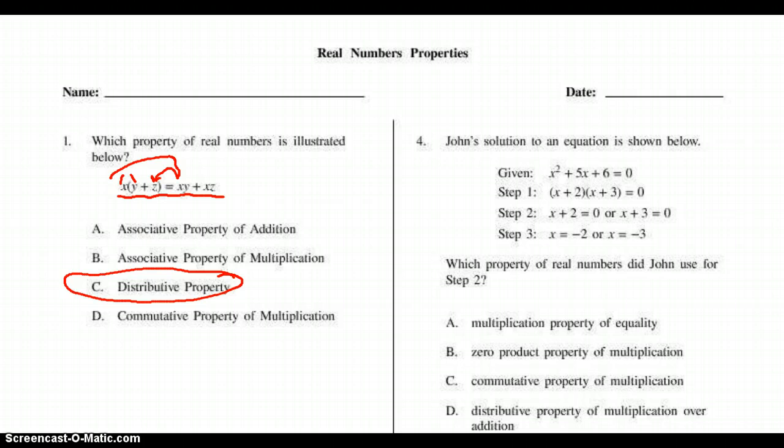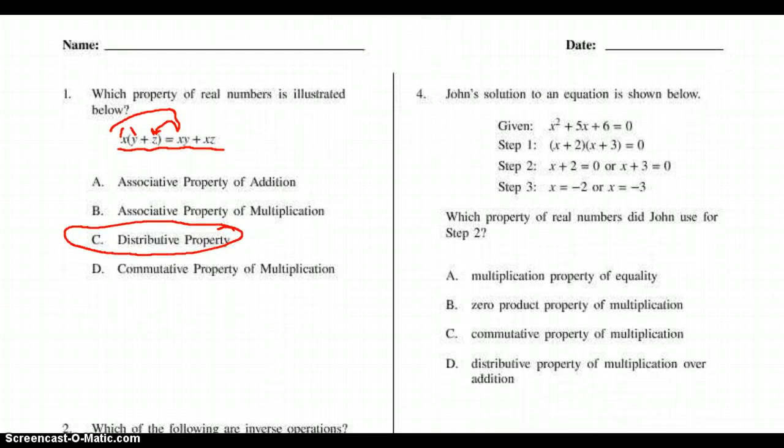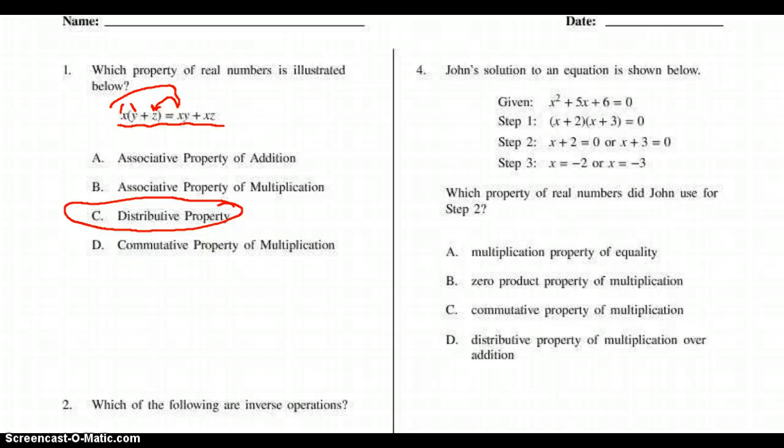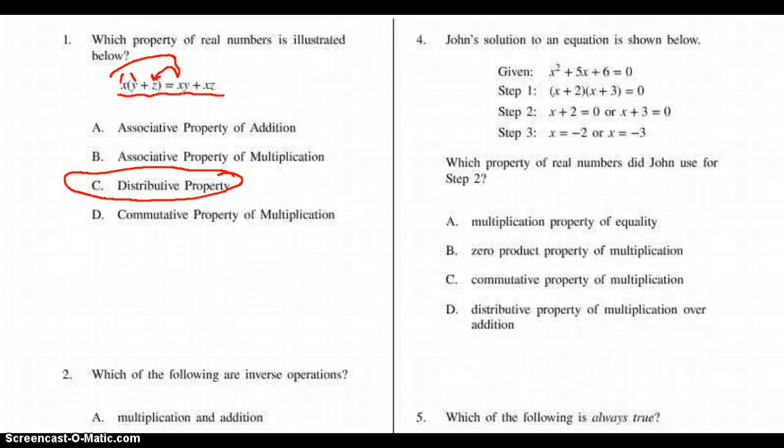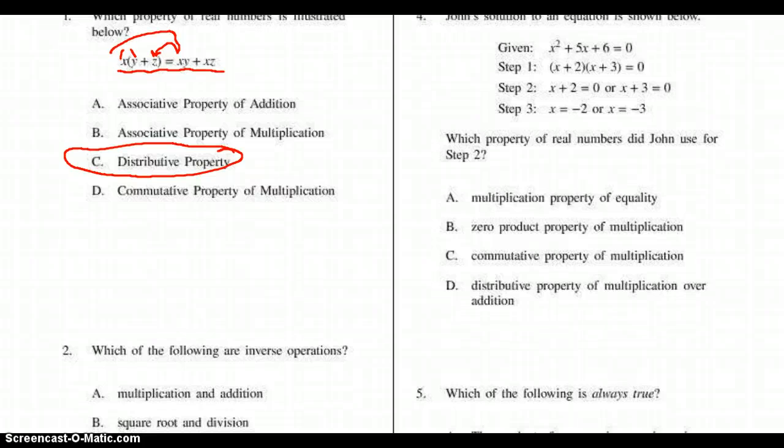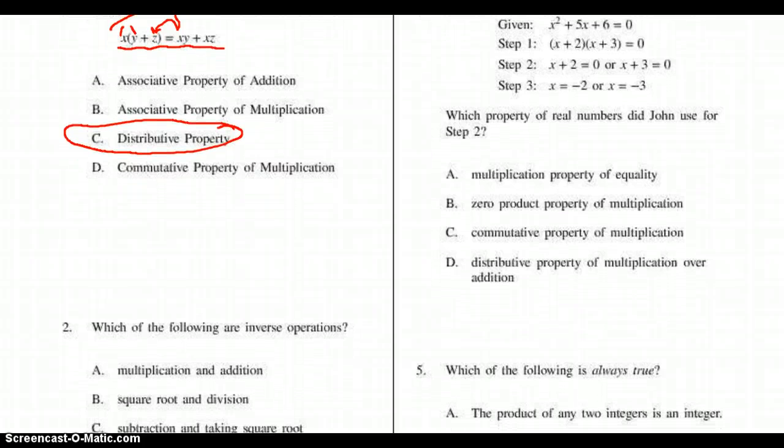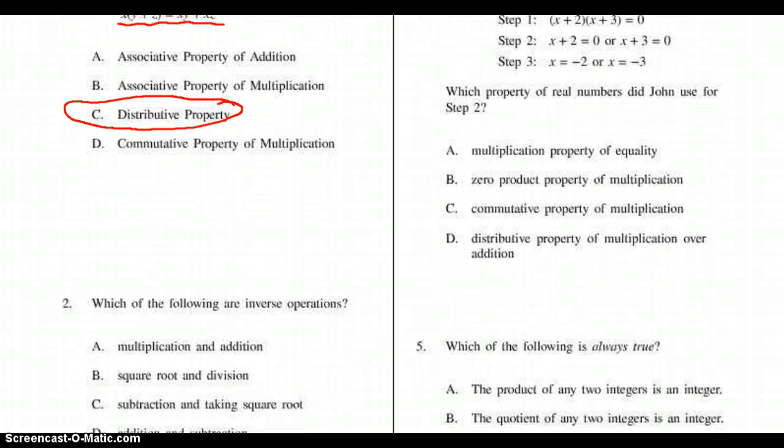Of course, if these were numbers themselves, we could have actually just added those numbers and then multiplied, or we can distribute and multiply. But in this case, since they are variables, we must distribute.